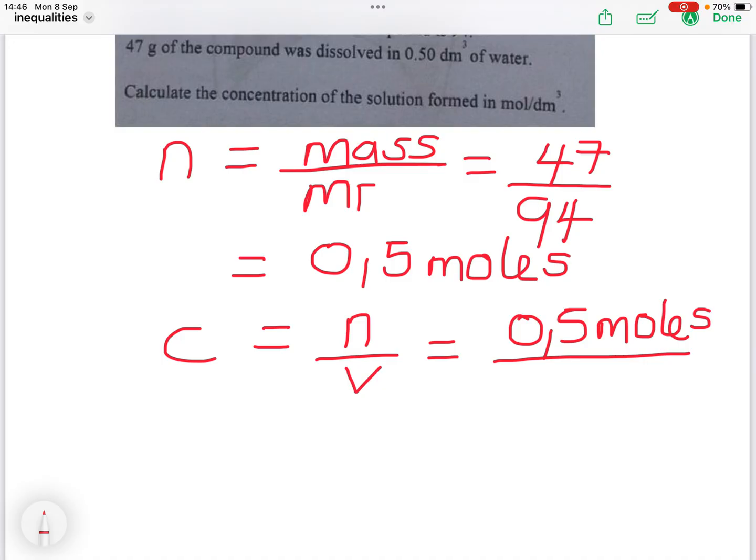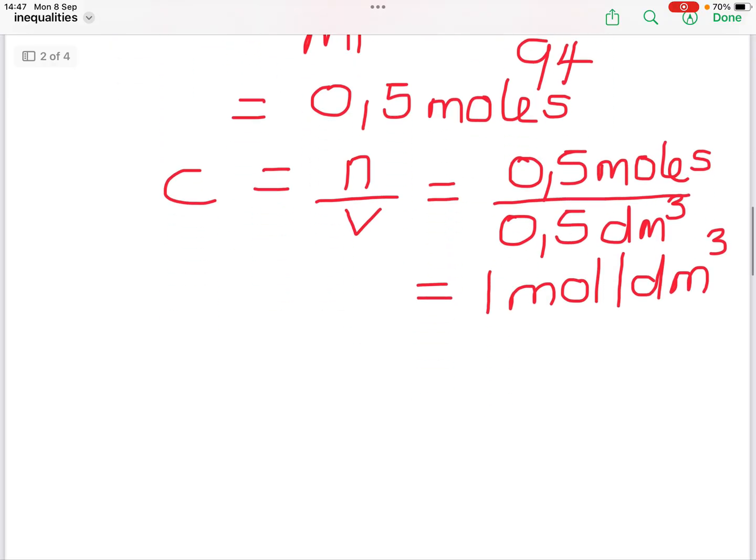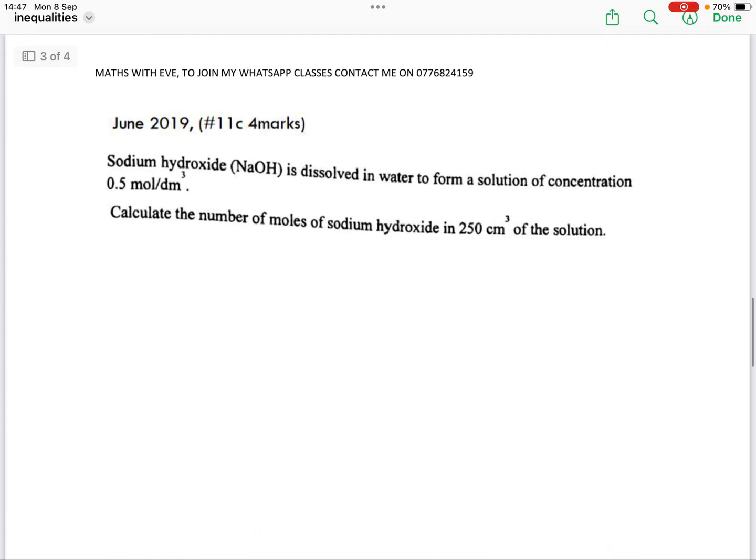So we say 0.5 moles divided by the volume, which is 0.5 cubic decimeters. So 0.5 divided by 0.5, we get 1. In the units, it is going to be 1 mole per cubic decimeter. So by doing this, you get all your 3 marks. So that is what was required in the question that was in June 2023.